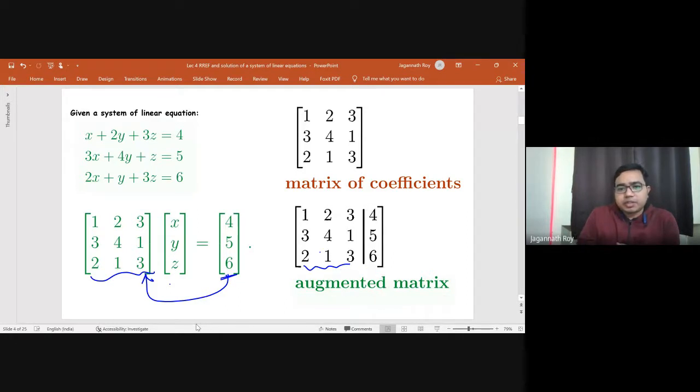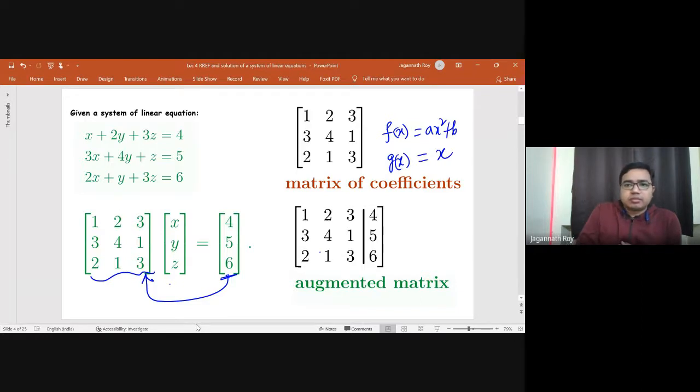For example, if you have a function f of x equals some ax square plus b, and then g of x, probably some x.